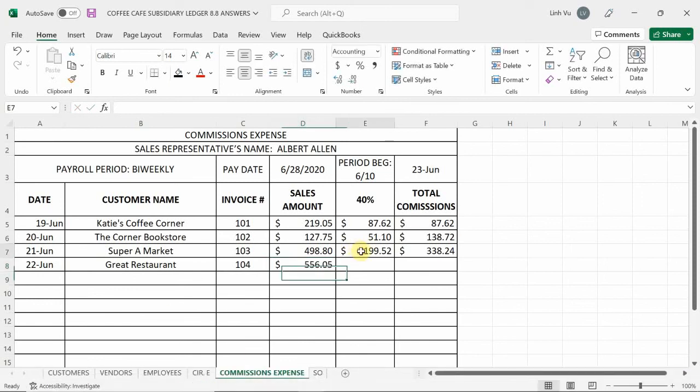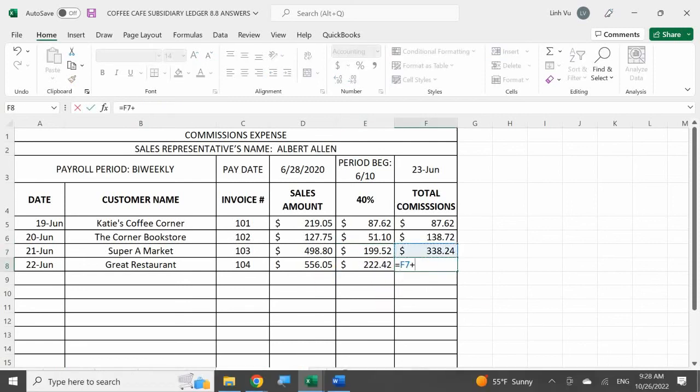So therefore, what is 40% of that? $222.42. Good. So how much money did he claim in grand total so far?